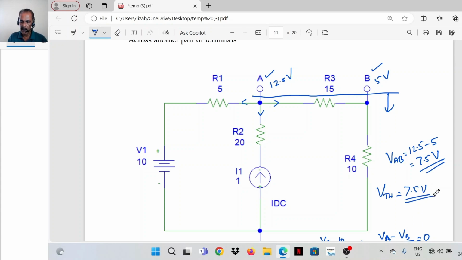Now to find the equivalent resistance between terminals A and B, there is already a 15 ohm resistor here. Then replace the voltage source with a short circuit and the current source with an open circuit.